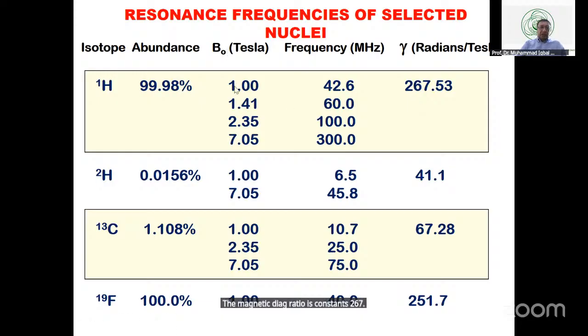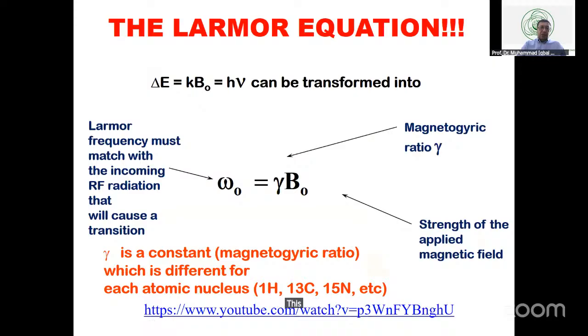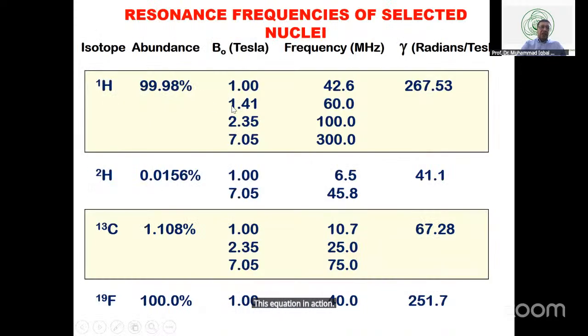Now, this is the equation in action. If you have a superconducting magnet of 1.41 Tesla, the protons will resonate at 60 megahertz.